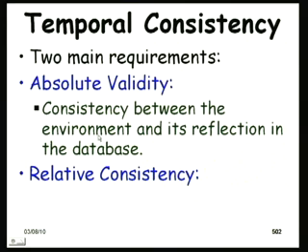So, what is the state of the environment at present, and how much is it different from the model that is maintained in the database. As the environment progresses, the data becomes invalid or archaic.